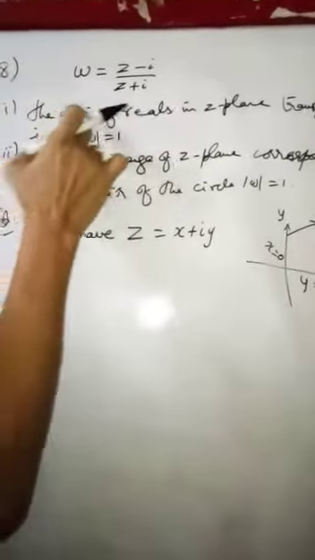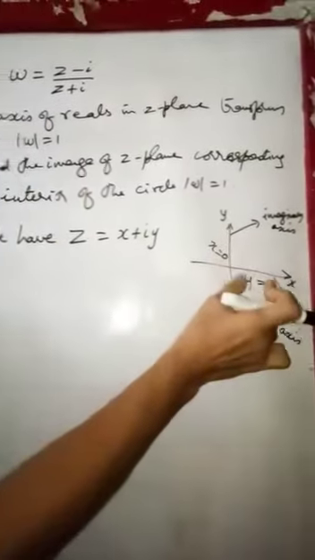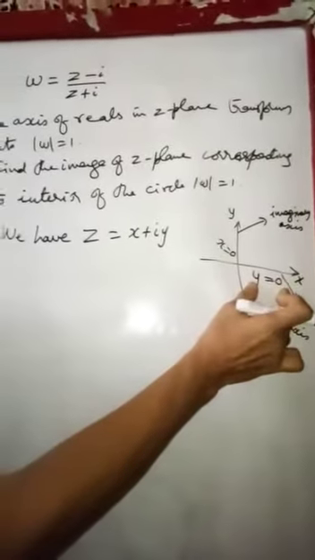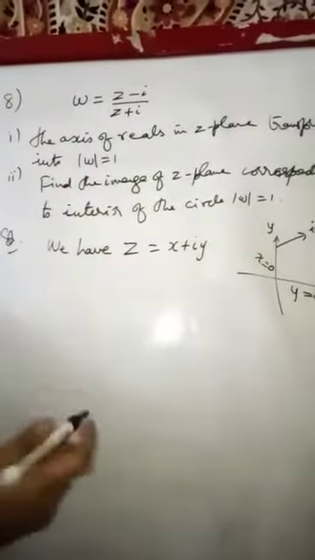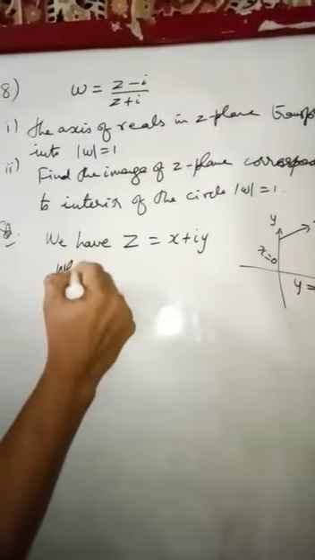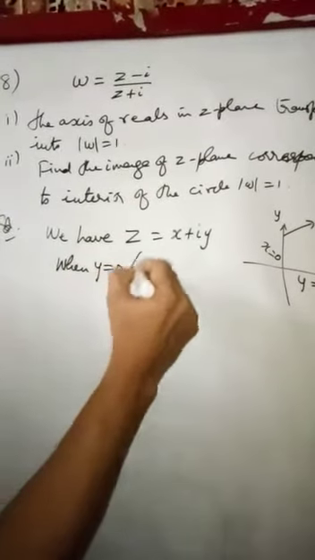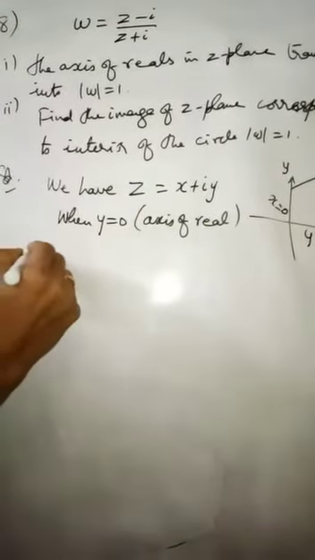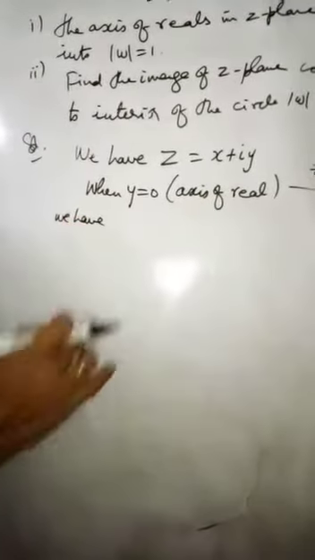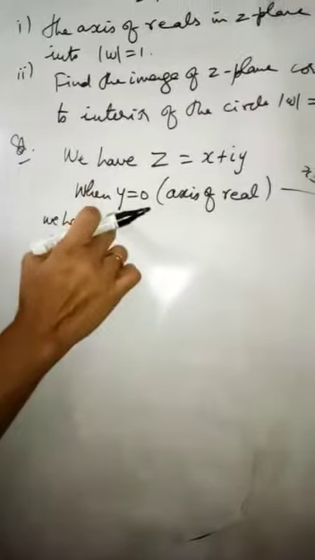You know that. But for this problem, what is given? The axis of reals in the z plane. So you have to take y equal to 0 and prove that it transforms to mod omega equal to 1 in the omega plane.